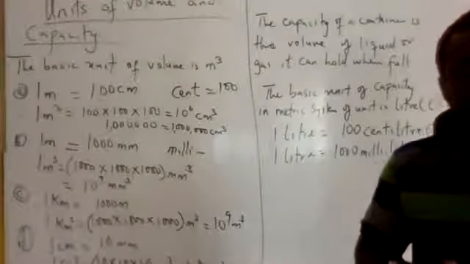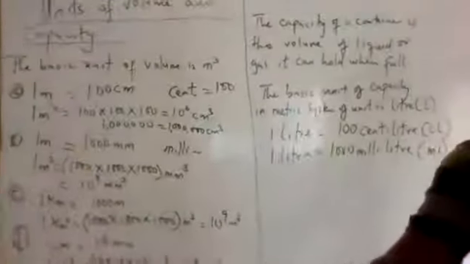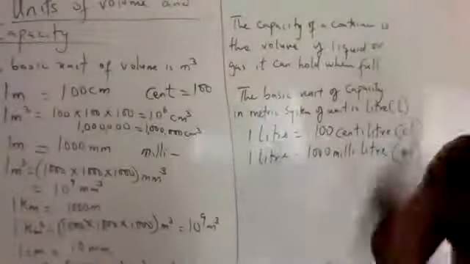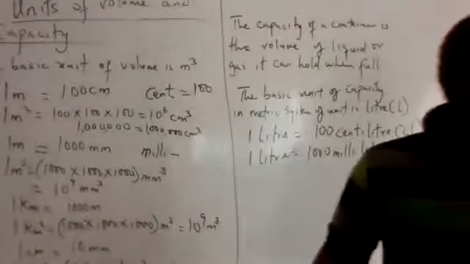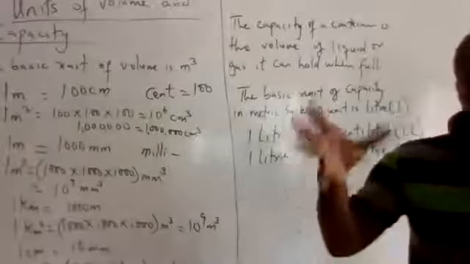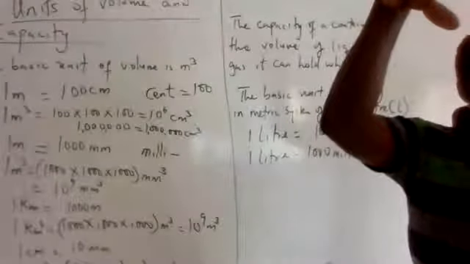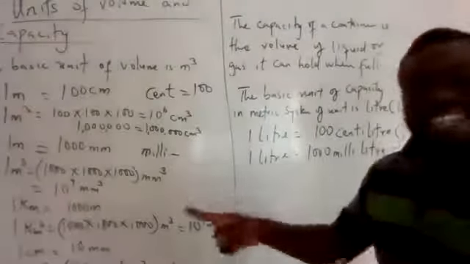Now, if you look at your pure water sachet nylon, what is written there is 50 CL. Or your plastic Pepsi or Coke is 60 CL, meaning that it is not yet up to a liter. Then the big Coke is about 100 CL, so that will make it 1 liter.